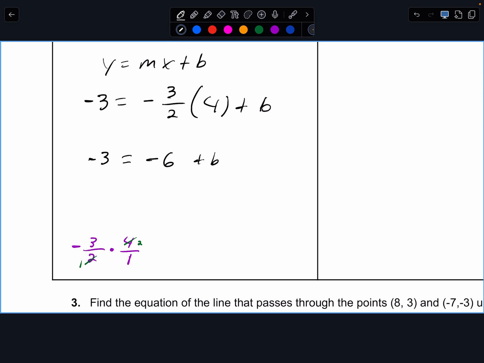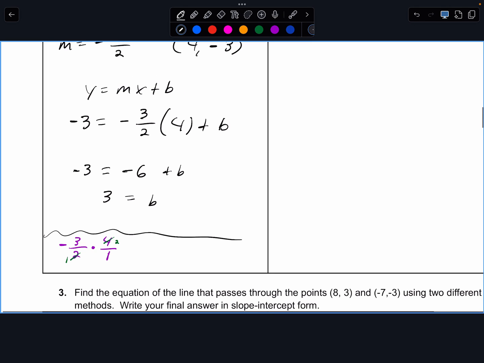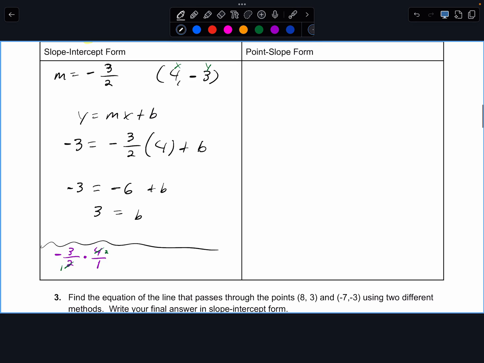Okay, so what is our b for this new line? 3. Now remember, is that the answer? No, so let's see. Max M, you want to give us the answer? Negative 3 equals negative 6 plus 3. Try again. We're doing this form, right, Max? Yeah. Okay, so y equals negative 6 plus 3.